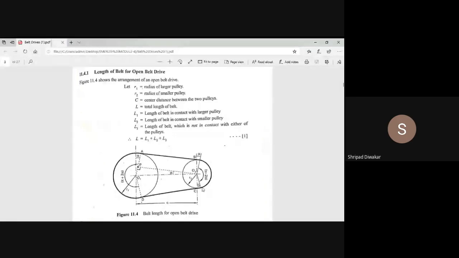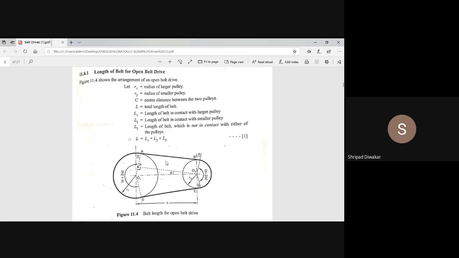One more thing: these two lengths AB and CD are not in contact with either the driver pulley or the driven pulley. So what is the total length? The length of the belt in contact with the larger pulley we can call L1.